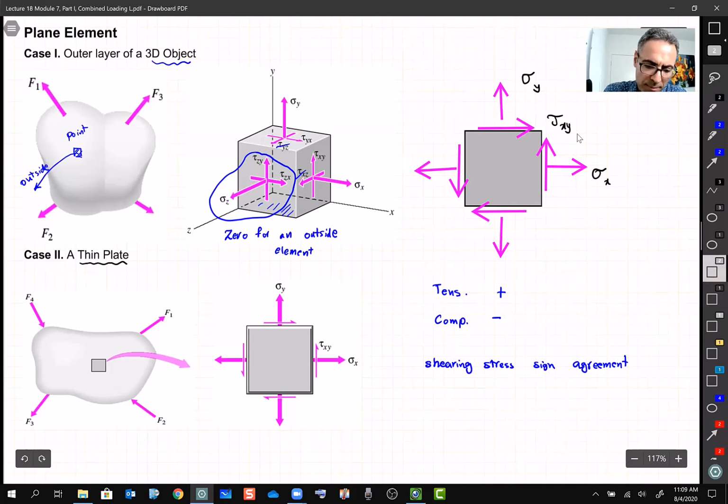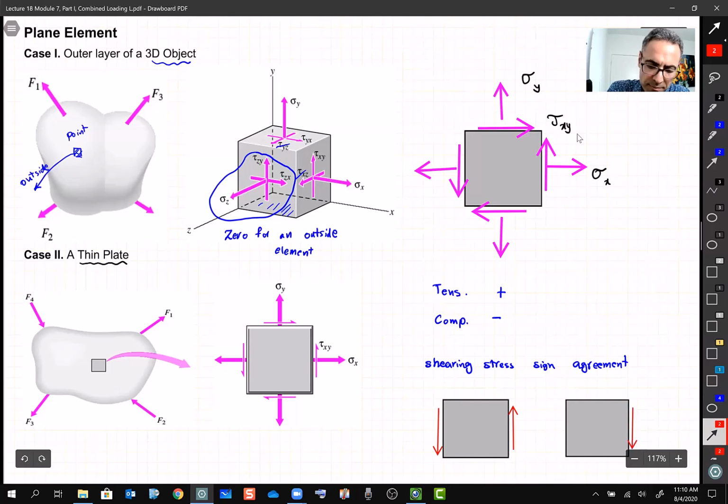So we look at an element like this one, and we look at the vertical side. The stresses are something like that, or it might be something like that. All right? So it depends on the external loads and shearing stress. You're going to see soon the direction for the vertical plane again.